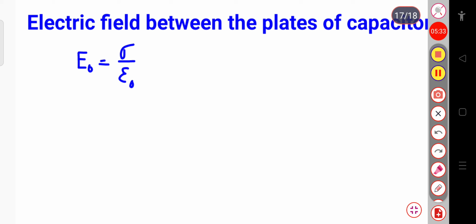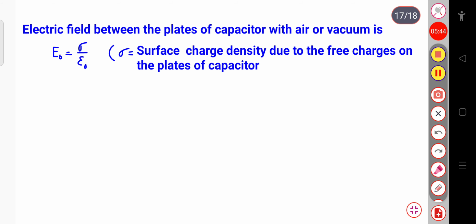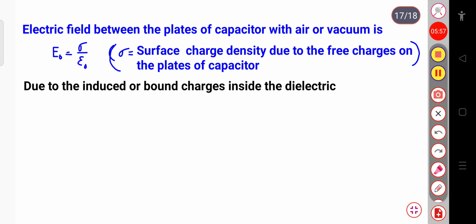This sigma is nothing but the surface charge density due to the free charges on the plates of the capacitor. But due to the bound charges, or the induced charges inside the dielectric, we have EP, the field due to the dielectric.